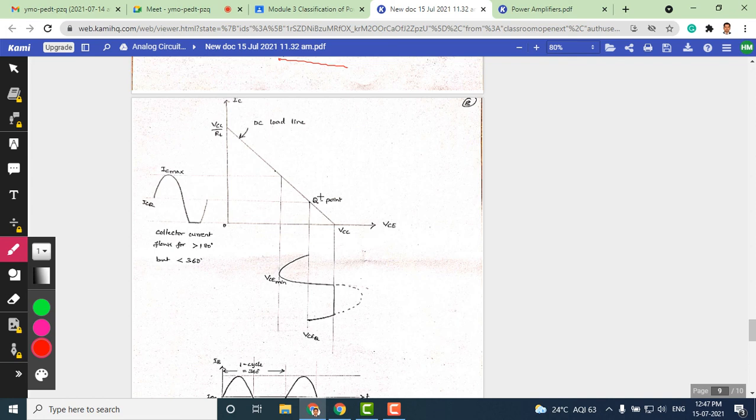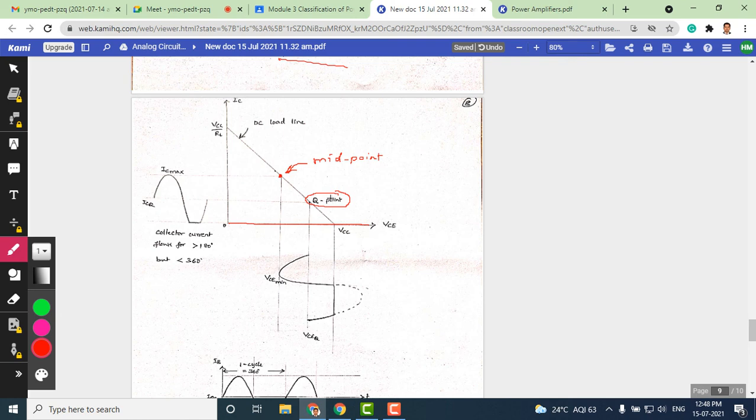Look here, the Q point is located above the x-axis and below the midpoint of the load line, in the active region. We have seen this in class, right? So in between this, we must choose the Q point. Such kind of amplifiers are called class AB power amplifiers.